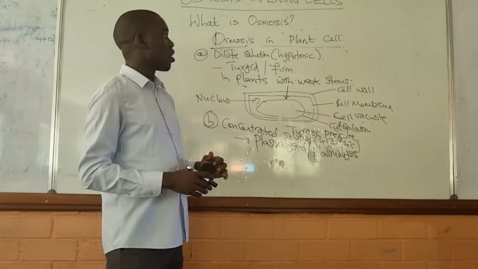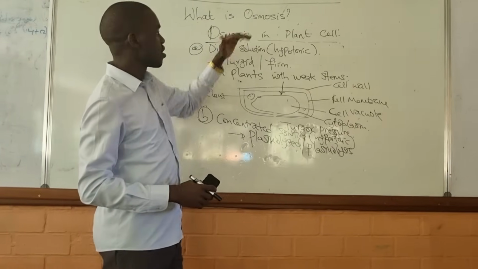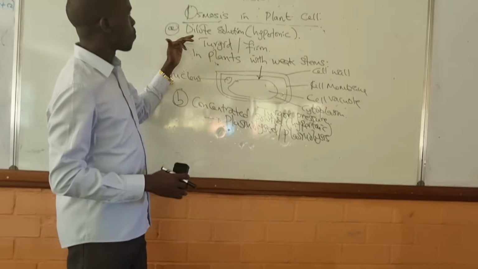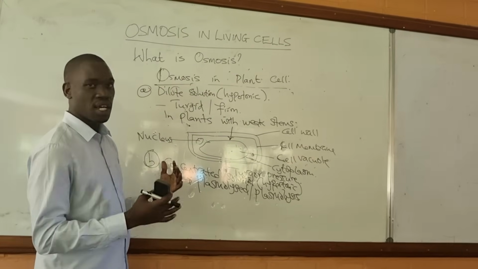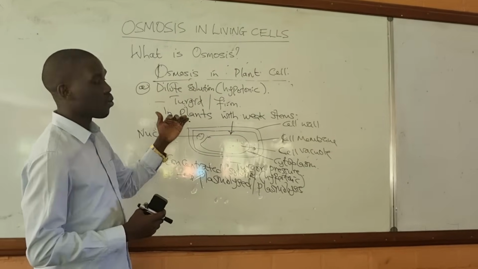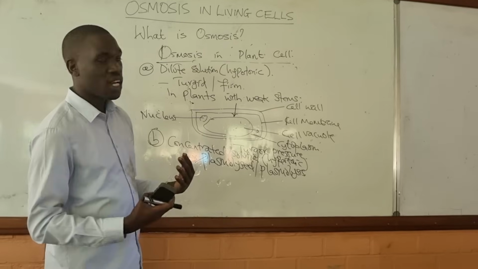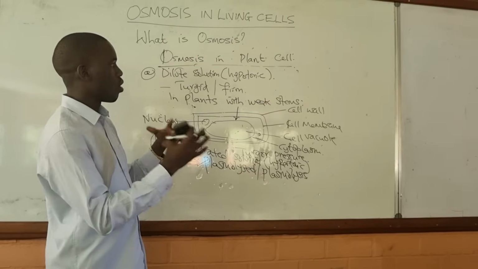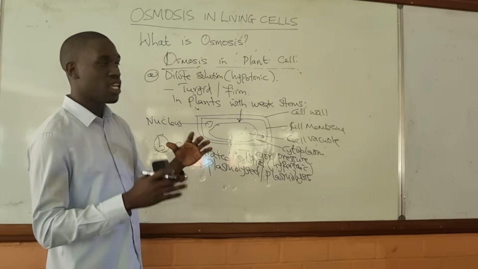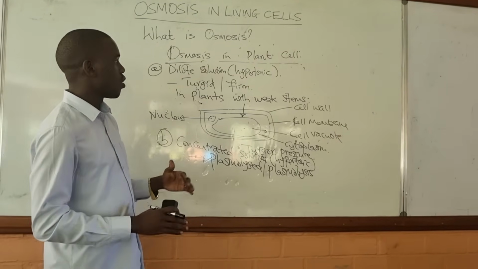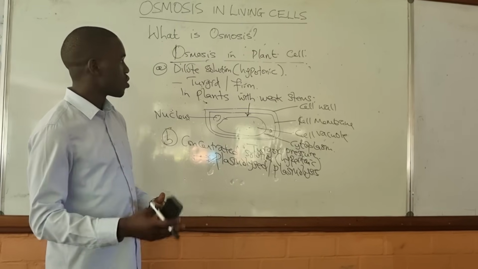So as we wind up our lesson, we have looked at the definition of osmosis, and we have also looked at the different meanings of the terms used in the definition of osmosis. We have looked at osmosis in an animal cell, where we looked at what happens when you put an animal cell in pure water, and then when you put an animal cell in a concentrated solution.